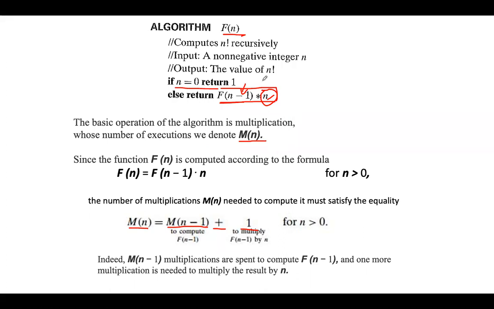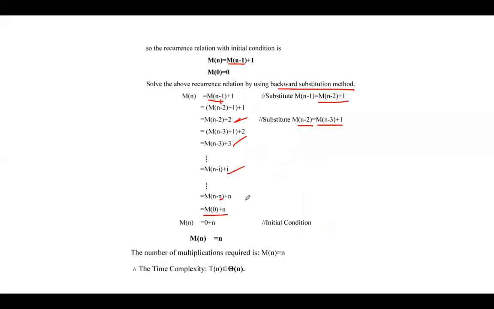That is, there is no multiplicative operation here, so multiplication will not occur. So M(0) is nothing but 0. So n will remain. Finally, M(n) is equal to the total number of times this multiplication occurs in this function, which is n.